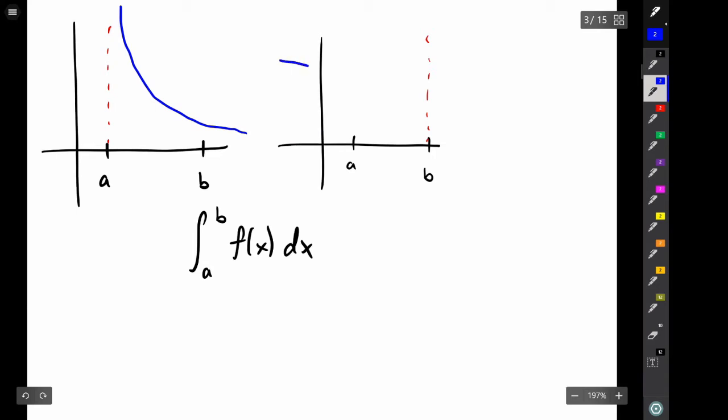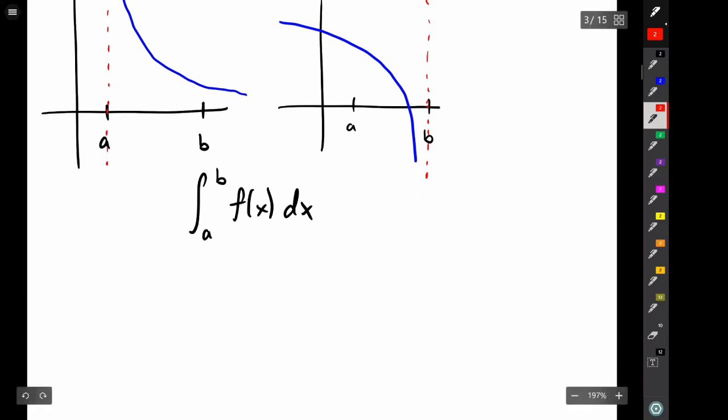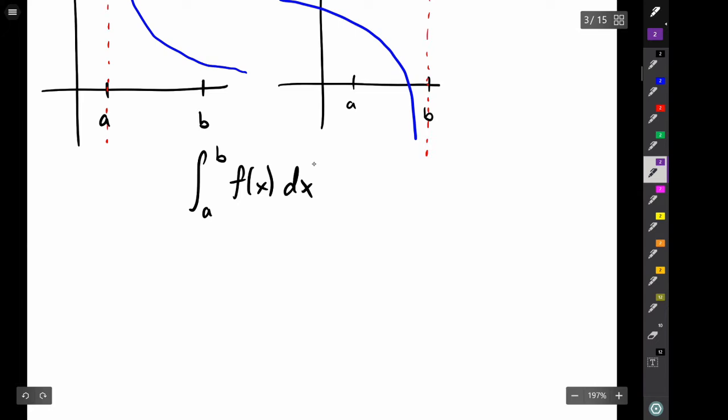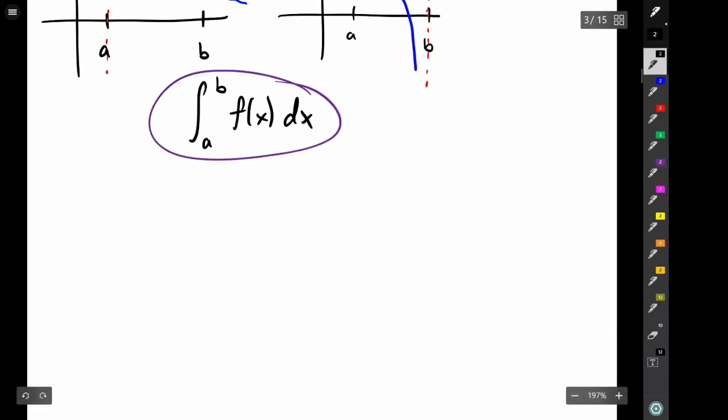And maybe it goes off to minus infinity. It doesn't have to go to positive infinity. We could have something like that, where this is an asymptote. That's a possibility.